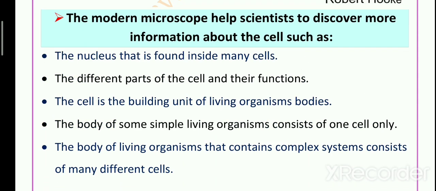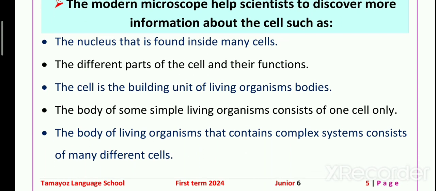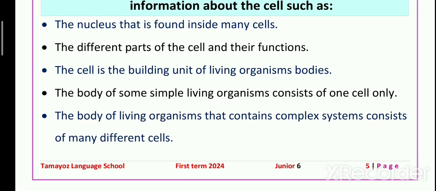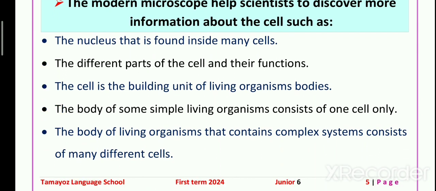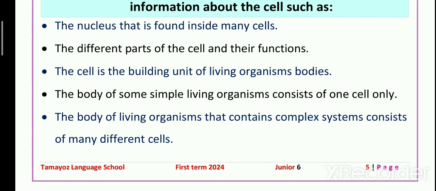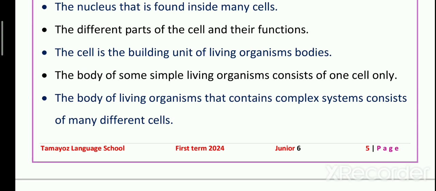So the modern microscope helps scientists to discover that there is a nucleus found inside many cells, and helps scientists to discover different parts of the cell and their functions, and also to discover that the cell is the building unit of living organisms' bodies.